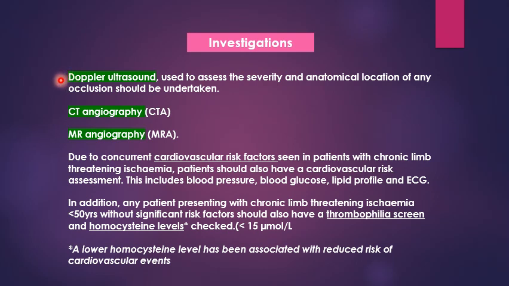All patients must be subjected to a Doppler ultrasound to assess the site of the obstruction, presence of obstruction, and the severity of the obstruction. Next one is your CT angiogram, CTA, which is very, very important in patients where you may be deciding whether you want to go for surgery or otherwise. And the other one is your magnetic resonance angiography, MRA. It's becoming more popular these days.